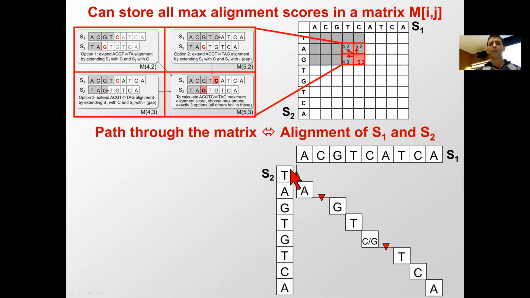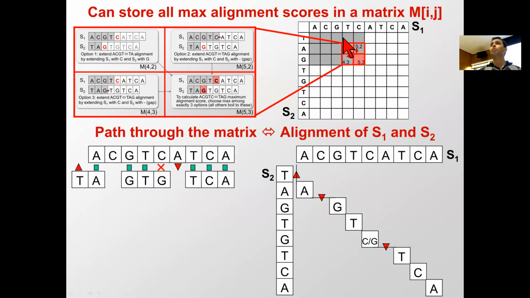All the vertical paths are basically a gap in this sequence, but a character in that sequence. Every time I go straight down, I'm adding a character here, but I'm not adding a character there. And every time I go straight to the right, I'm adding a character in this sequence, but I'm not adding a character in that sequence. Okay? So I can basically look at any path through this matrix and paint an alignment between 2 sequences.